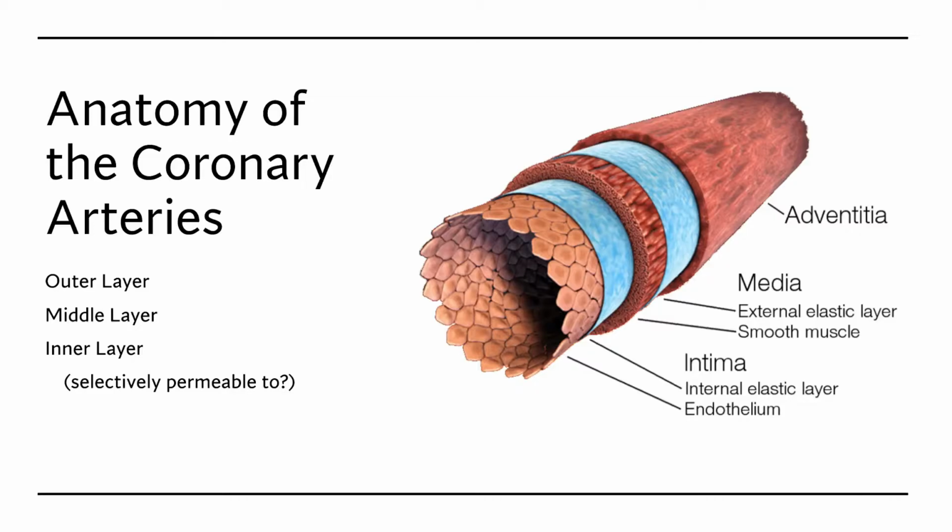One thing that is interesting about this layer and kind of foreshadows some of the problems with this layer is that it is selectively permeable to a lot of different things. Two of the most common are LDL, which we'll talk about soon. It's what we call bad cholesterol, low-density lipoprotein, and fibrinogen. Both of these play a role in the diseases we'll be talking about later.